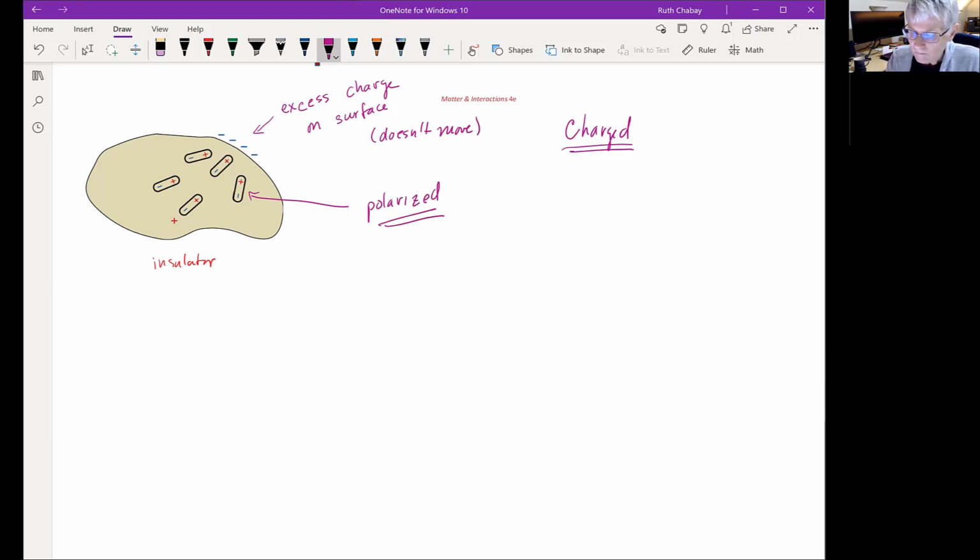And for some reason, this particular object even has a positive charge embedded. Maybe someone shot a proton into it with an accelerator, and it's stuck there. There's no way for it to move. So again, it's affecting these molecules too.